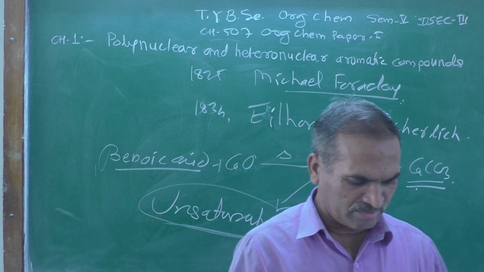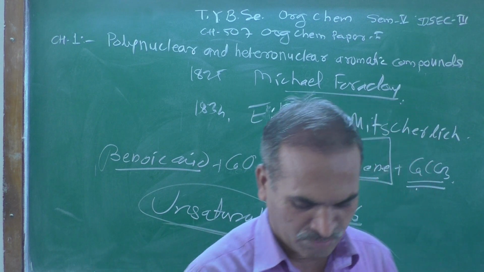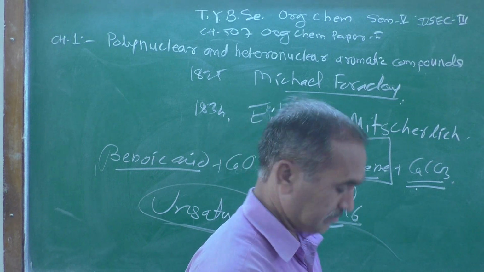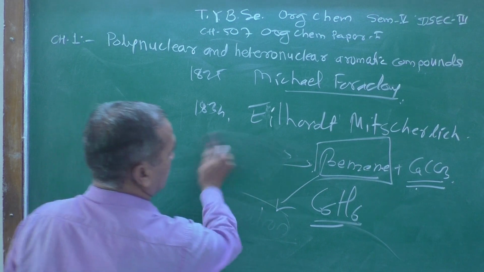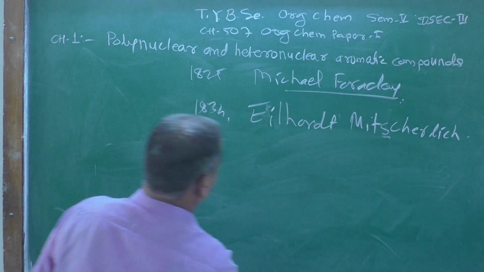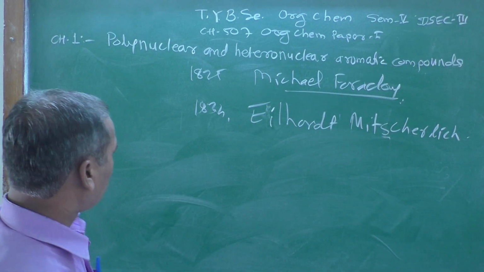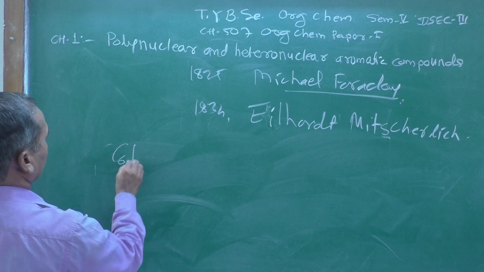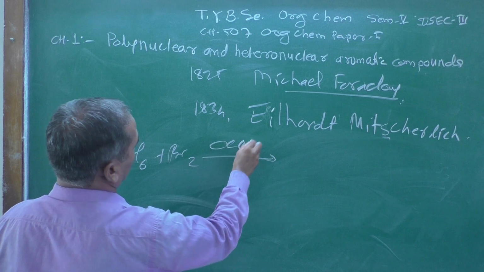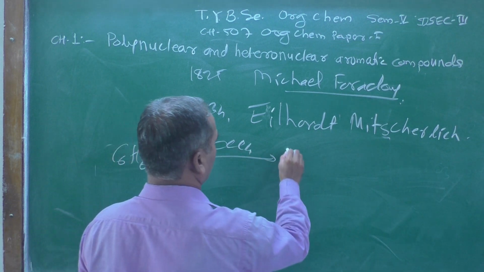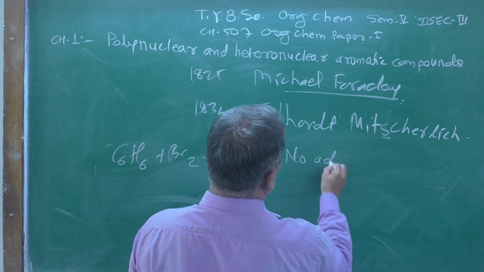So when benzene is treated with Br2 in presence of CCl4, there will be no reaction, and let us see the same reaction here. C6H6 treated with Br2 in CCl4, carbon tetrachloride: no addition reaction.